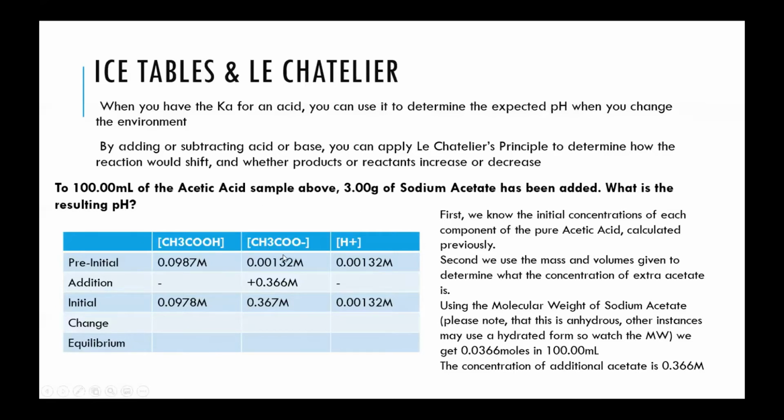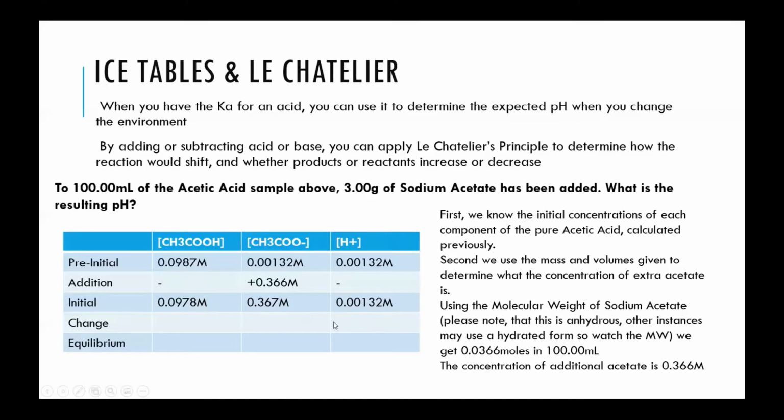So now, at time equals 0, you add this in and it's time equals 0. There is this concentration of acetic acid. There is this and this together, which is the concentration of the acetate, and the concentration of H+.